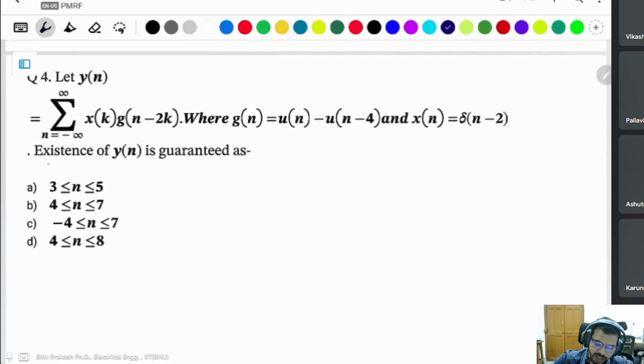Ask about the existence of y[n] is guaranteed. It means at what positions y[n] has some value, y[n] is not 0.